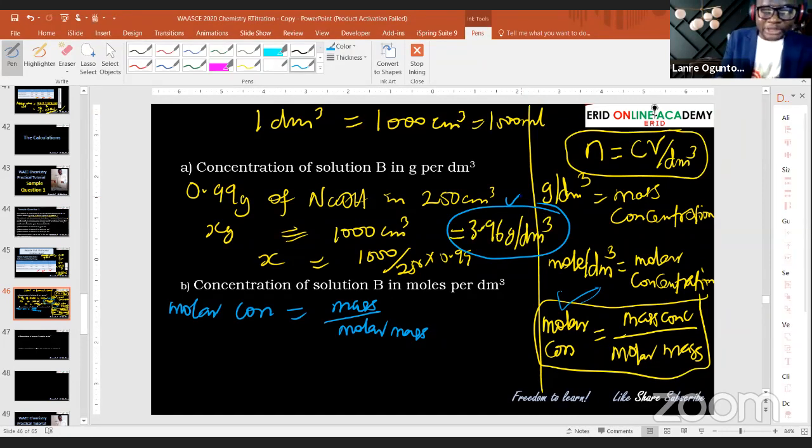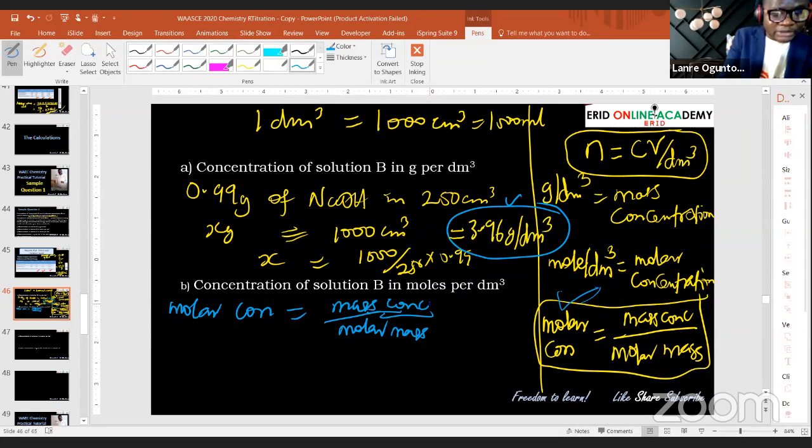But there is something that we need that we don't have yet, and that is the molar mass of sodium hydroxide. We know the mass concentration, which is what we calculated in A, but we don't know the molar mass. So can we calculate the molar mass? That's what we want to do now. How do you calculate the molar mass of sodium hydroxide?